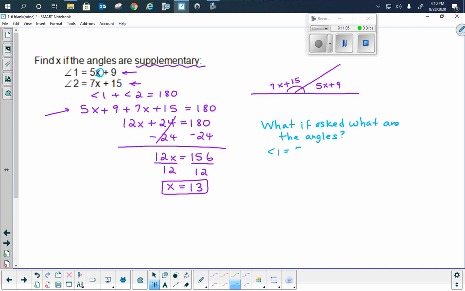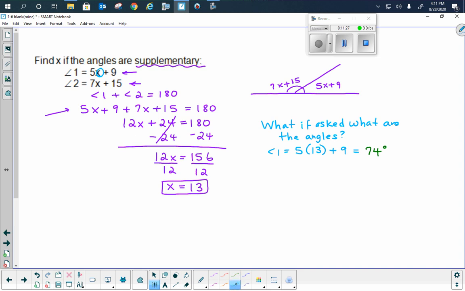Remember, we write times with parentheses or a dot. You should be using parentheses now. Order of operations says do multiplication first. So do 5 times 13 and then plus 9. And you will get 74 degrees.